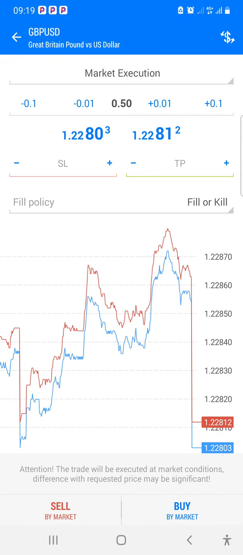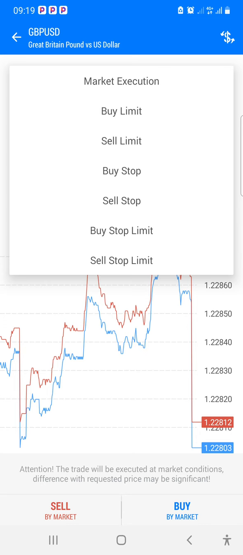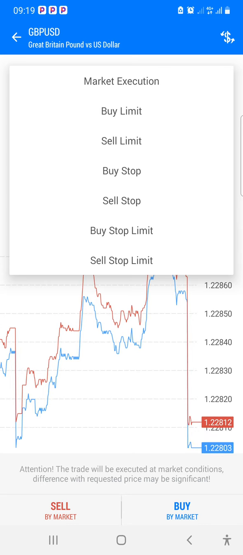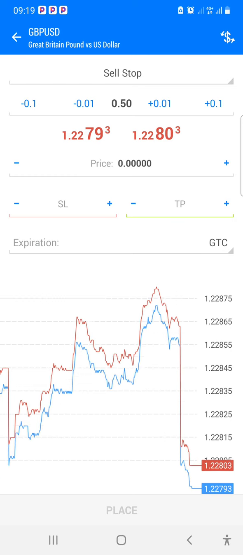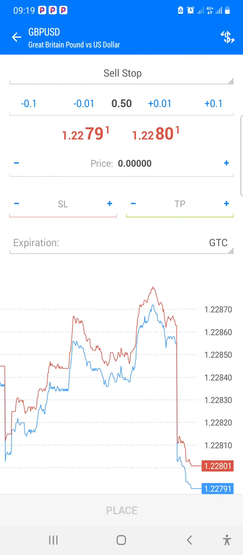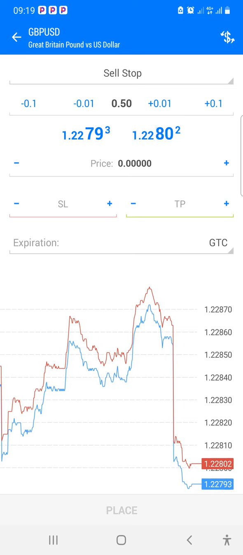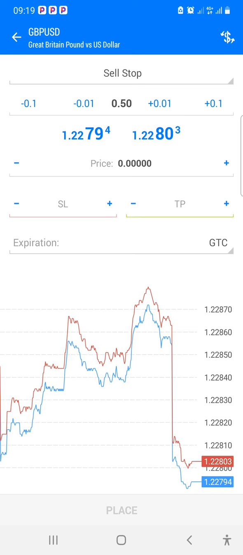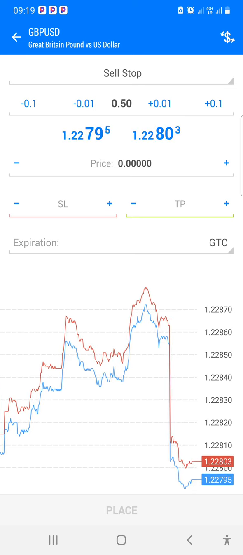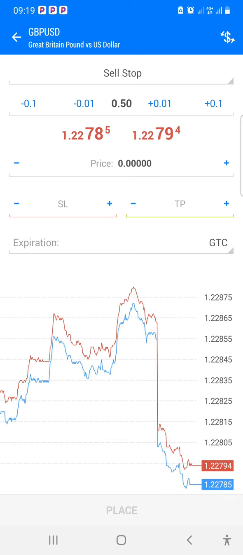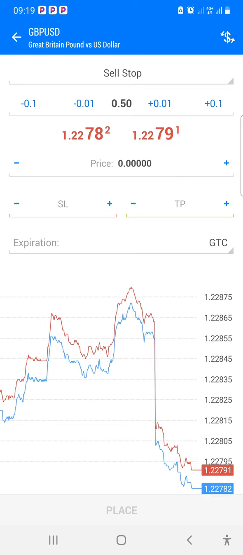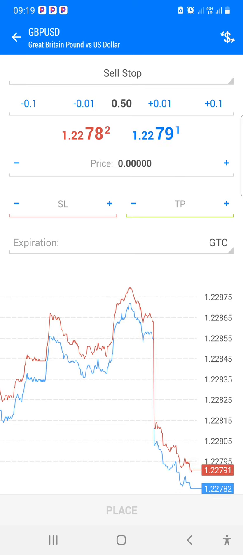So the last one I'm going to be teaching is the sell stop. Sell stop means you want to sell at a price lower than the current market price. Buy limit, you want to buy at a price lower than the current market price. Sell limit, you want to sell at a price higher than the current market price.